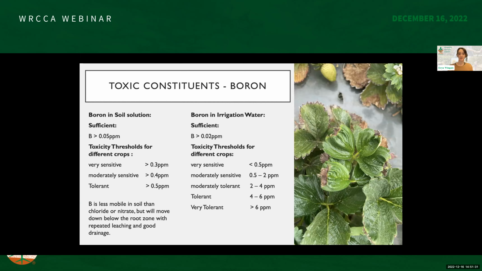So then I'm going to talk about some of the toxic constituents. First one is boron, and it's tricky because it's absolutely necessary for the crop. It's an essential nutrient and it's very important for pollination, but it has a very narrow optimum range in the soil.